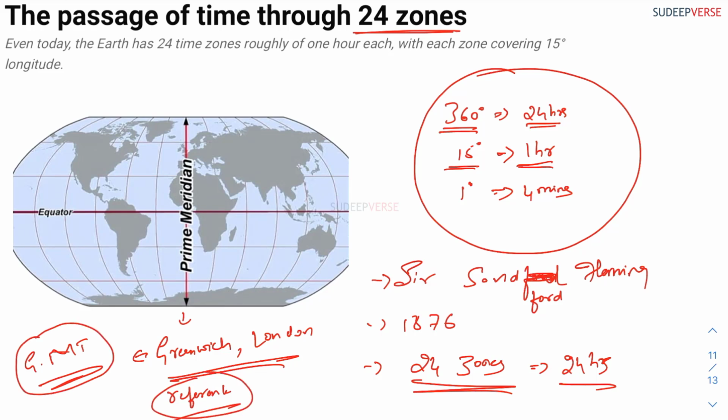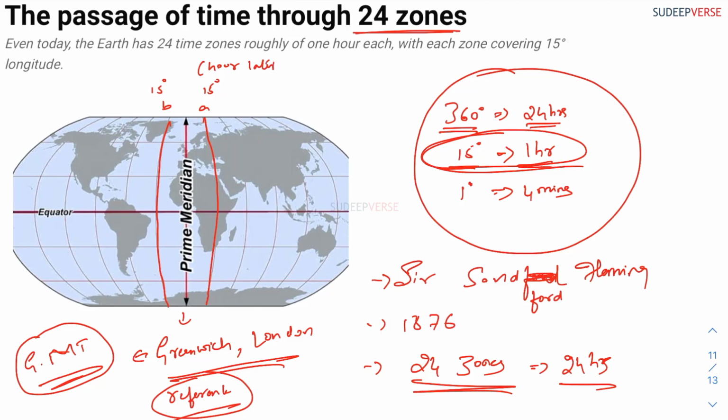So what do I mean? Let us say this is the timeline, and there are two longitudes, this and this. As you can see, 15 degrees is 1 hour. I'll assume that this is A and this is B. A is this side 15 degrees and B is this side 15 degrees. Since longitude A is to the east, it is an hour later, and longitude B, that is to the west of the Greenwich time, is an hour earlier.